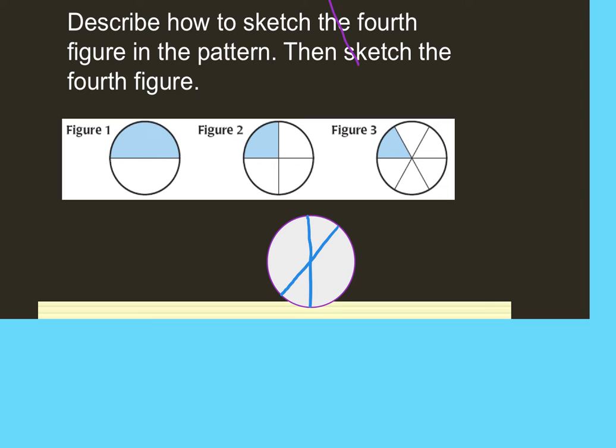That would have been like figure 18. That's an awful drawing, but you get the point. Okay. And how many of those parts are colored in each time, Nick? 1. So I only need to color in 1 part. So I went from 1/2 to 1/4 to 1/6 to 1/8 being colored in. Okay, that is a pattern, so that is inductive reasoning.